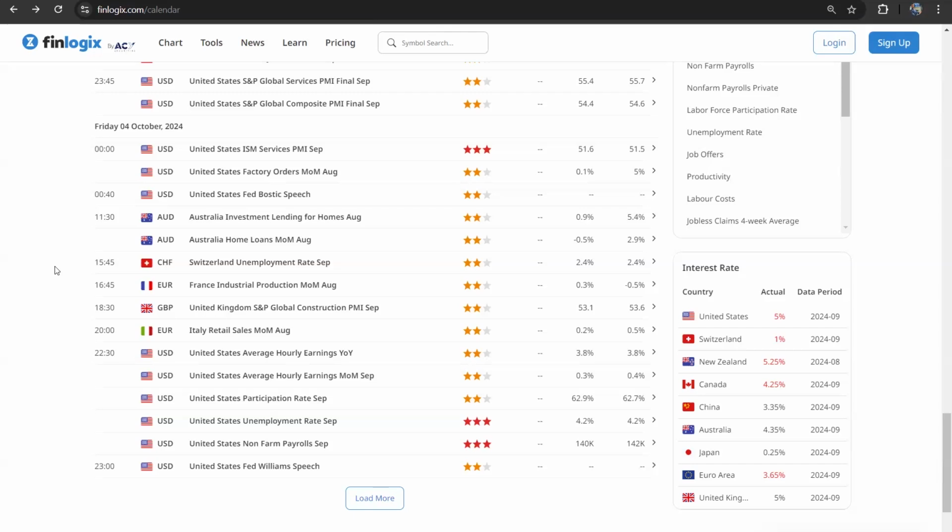We need to have a combination of three things: non-farm payroll, unemployment rate, and average hourly earnings. These are the three main ones that you should be focusing on when the release of the NFP happens. So let's say we have a high NFP, a lower average hourly earnings, and a lower unemployment rate.